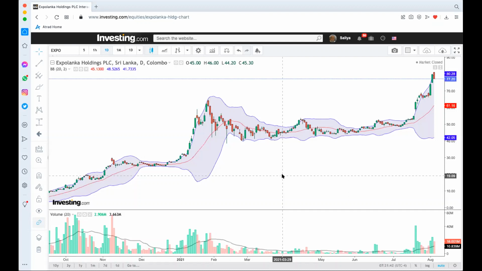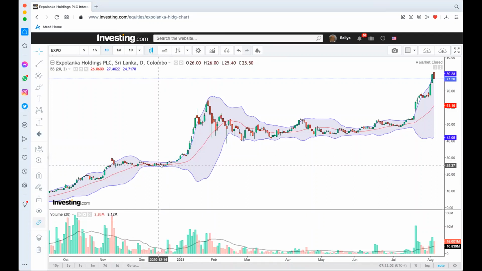The volatility is low when there is a squeeze like this, when the upper line and the lower line are trying to meet the middle line, thereby making a squeeze, which is an indication of lower volatility.